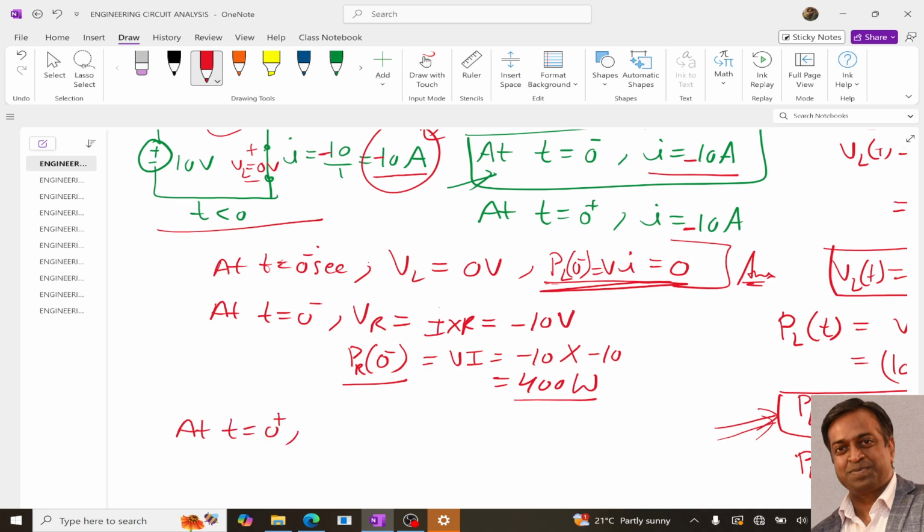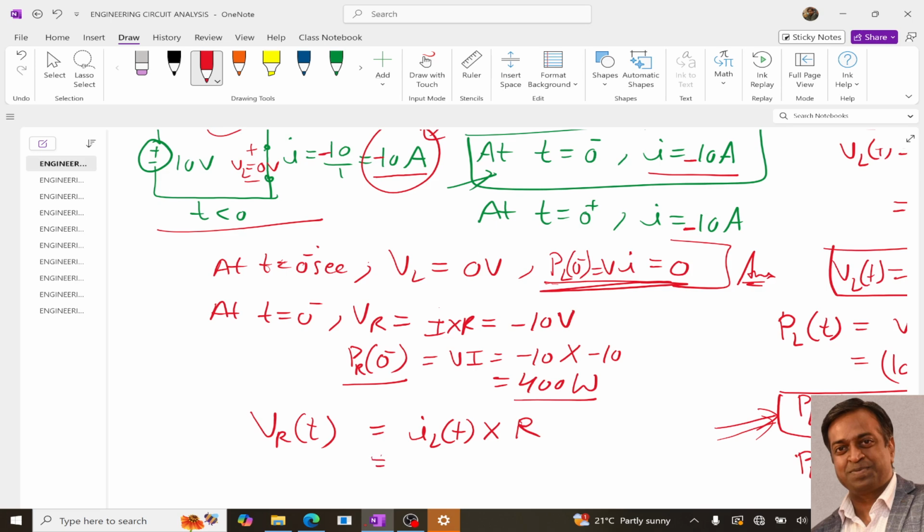At t equals 0 plus, let me put a general formula first: VR(t) will be the current flowing through the resistor into R, right?